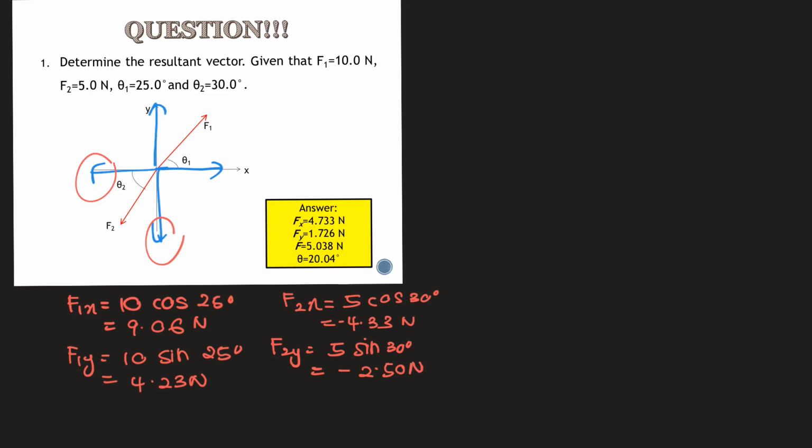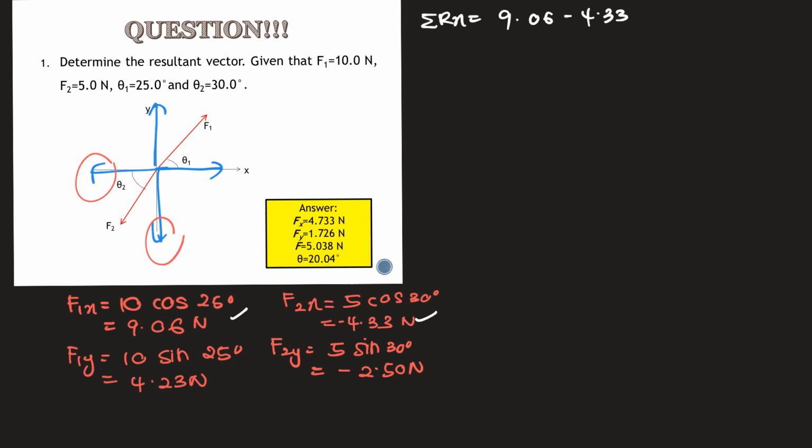Once you're done with that, you need to group x with x, y with y. So I find the resultant in x first. The resultant in x will be this one with this one, so 9.06 minus 4.33.